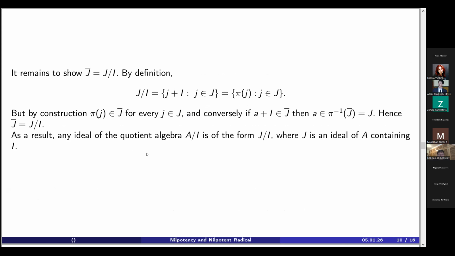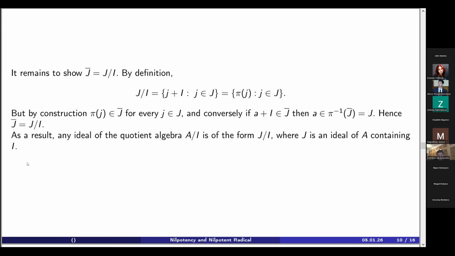It remains to show J-bar is J/I. By definition, J/I is the set of j plus I, where j in J. This is P(j), j in J. By the construction, P(j) is in J-bar for every j, and conversely, if a plus I is in J-bar, then a is in P inverse of J-bar, which is equal to J. Hence, J-bar is equal to J/I.